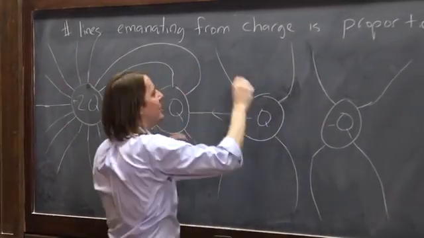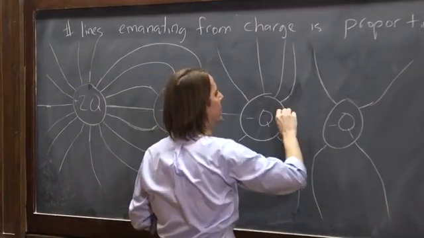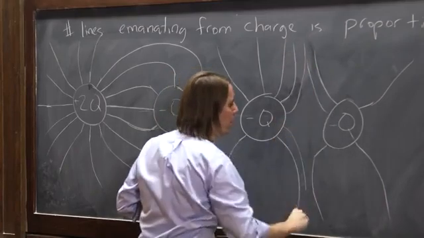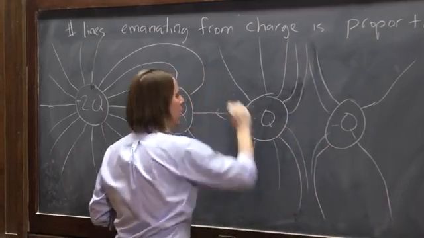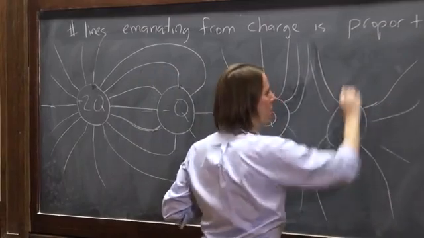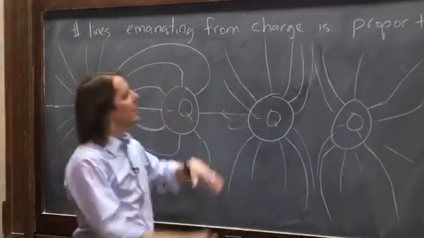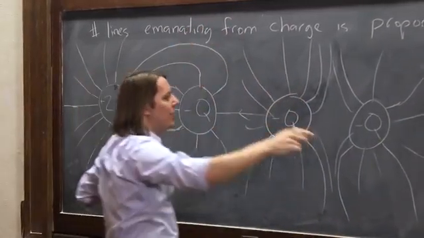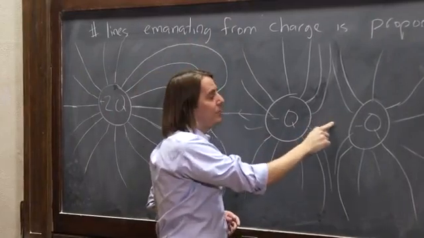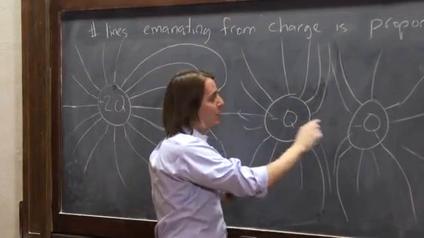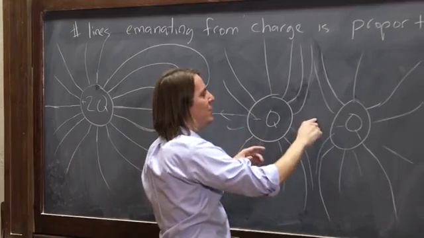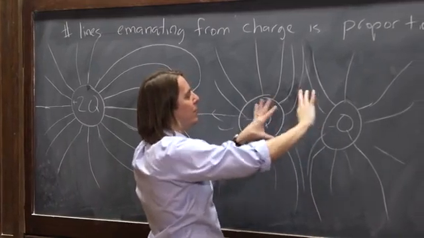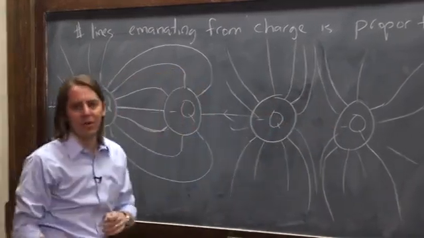The density of lines, if we were to add more, it would look a little better. You get the idea. You get a lot of field density as you go around, but right here you have none. That's because the electric field is 0 there. If you were to calculate the electric field exactly between 2 equal charges, it would cancel out. So here you've created a region that's sort of devoid of lines.